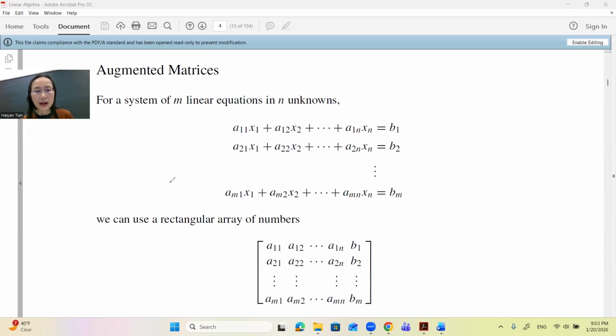So in the last equation, which is the mth equation, the right-hand side will be bm, right? So this bm is not necessarily the same as b2, not necessarily the same as b1. So we just want to represent a general system. We just give a form that is a system of m equations.